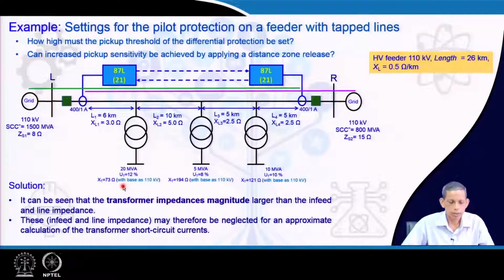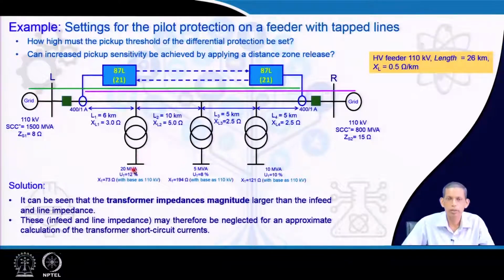Now, what is seen here is that these line feeders have smaller lengths. So, one straightforward approach is a comparison of the impedances of the line of the feeder with the impedance of the transformers. The largest capacity transformer will have smaller impedance compared to the other transformers.